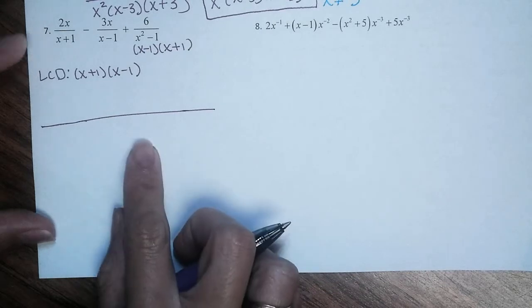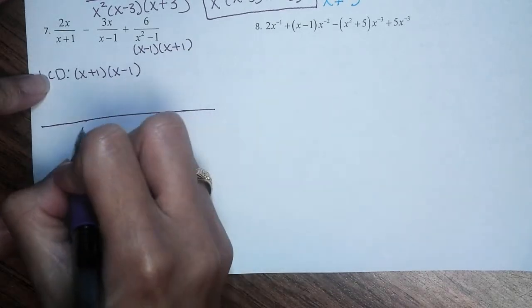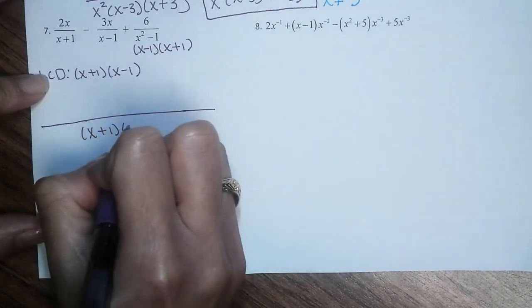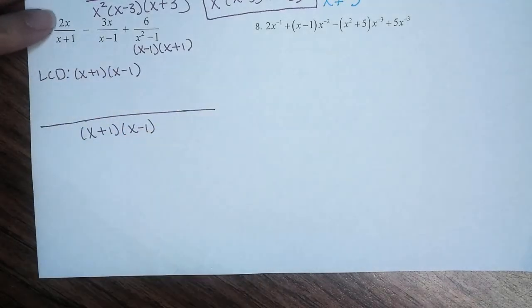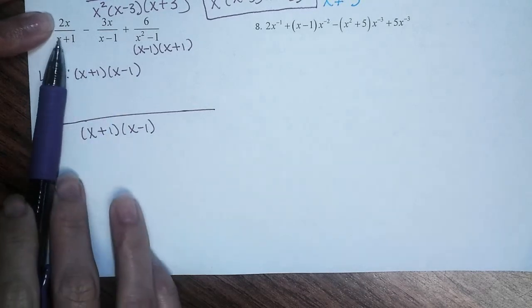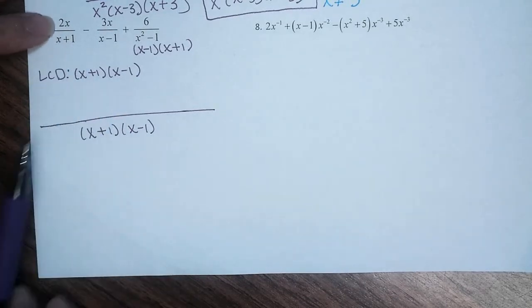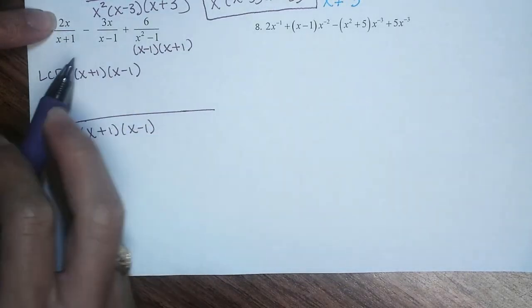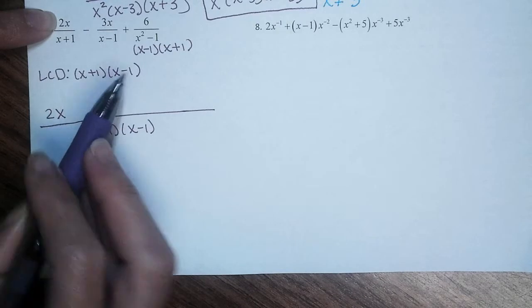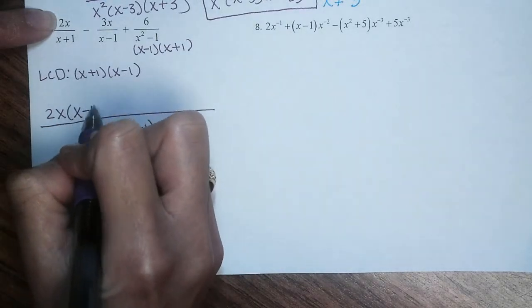The denominator is going to be the LCD. On the numerator, I need to start multiplying those numerators by whatever factors the fraction is missing from the LCD. So my first fraction has a numerator of 2x and is missing the x minus 1 factor. So I need to multiply that by x minus 1.